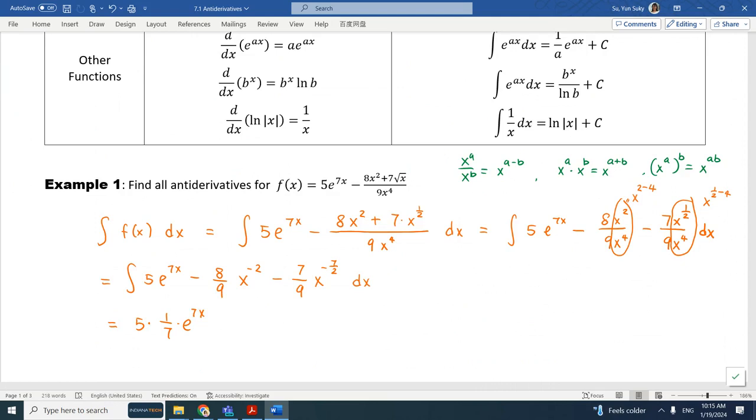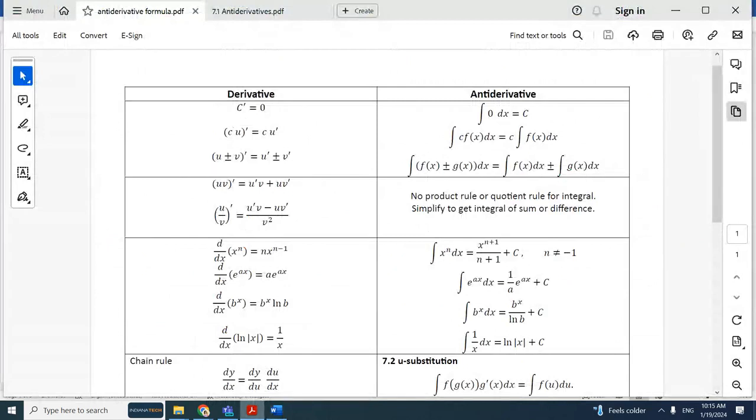Next part, constant multiple: 8 over 9 stays here. And then x to the minus 2 is which one? The power function, so we use the power formula. You have to be very careful: you use this formula when the power is not minus 1. When your power is minus 1, we use the natural log formula.